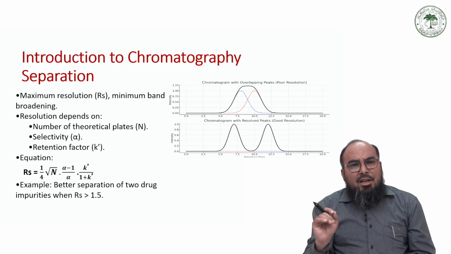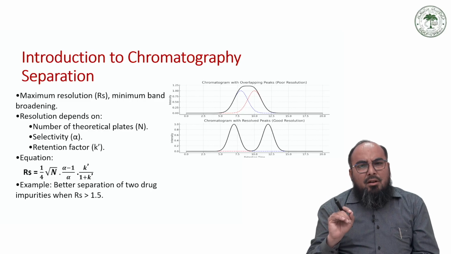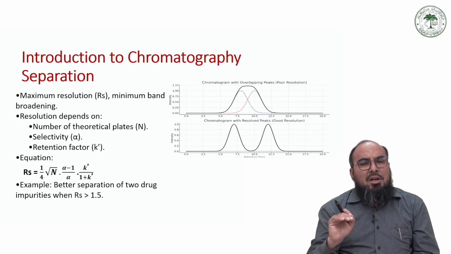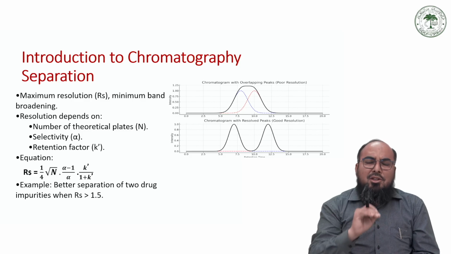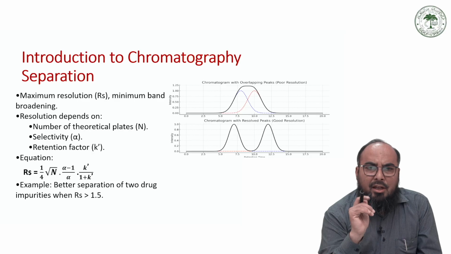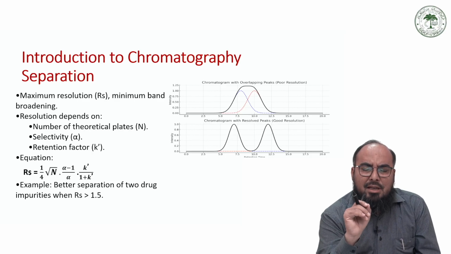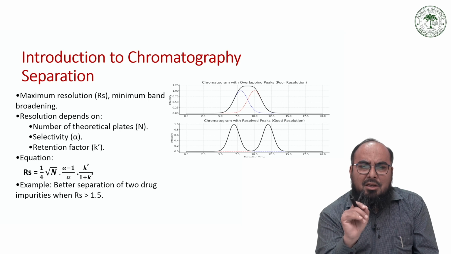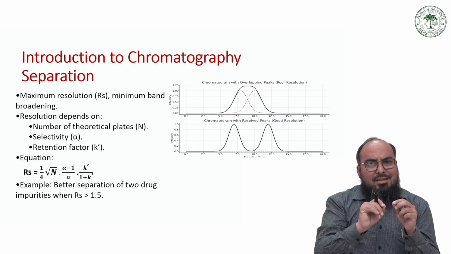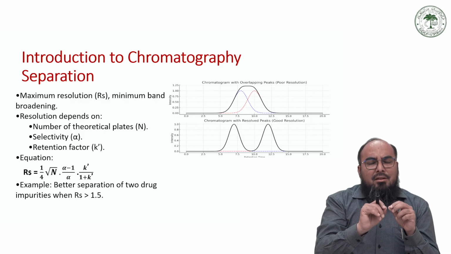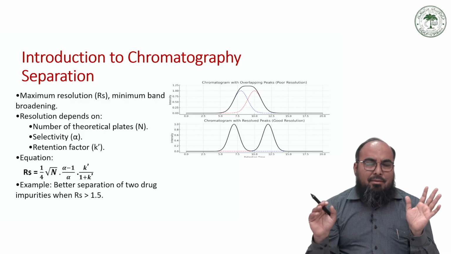Initially we have to understand the nature of the curve, that is, how this curve gives you information about the elution of certain analytes through a given column. First we should understand that the substances which are to be separated come out of the column in a range of time.